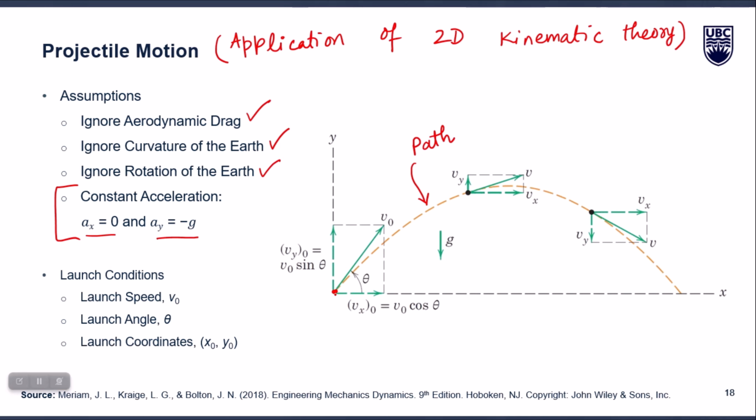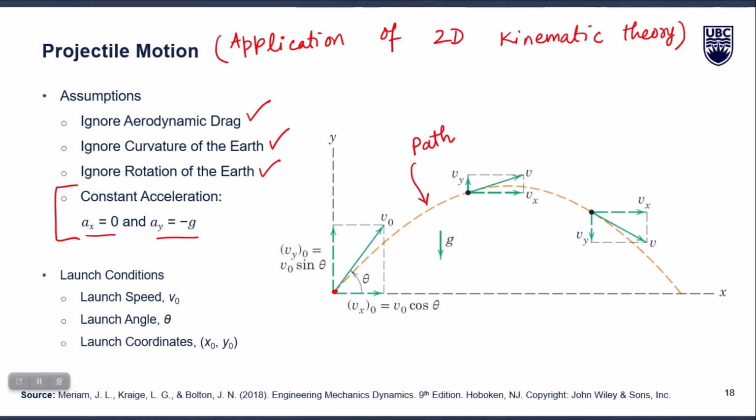So once that motion started with initial velocity v naught, the only force acting on our particle throughout that curved path is the gravitational force, right? There is no horizontal force applied to our particle. We only have a vertical downward force, which is gravitational force, and the particle is moving under only that force, right?